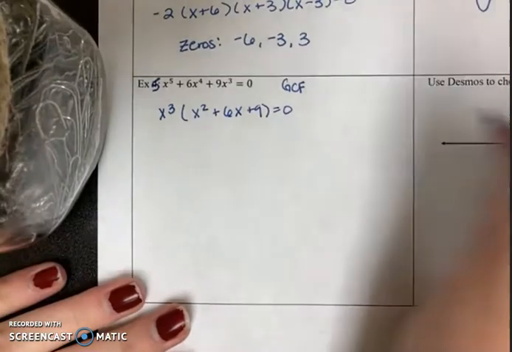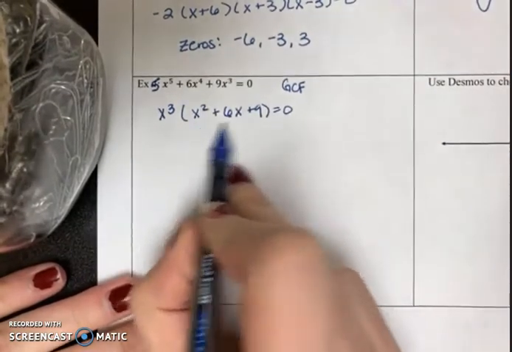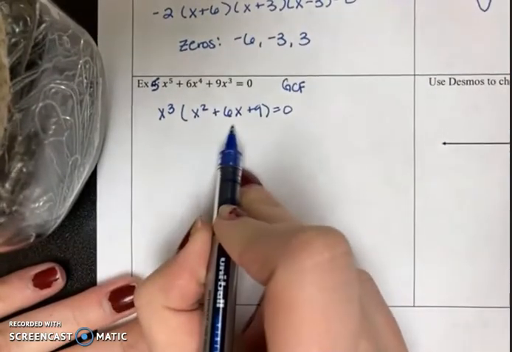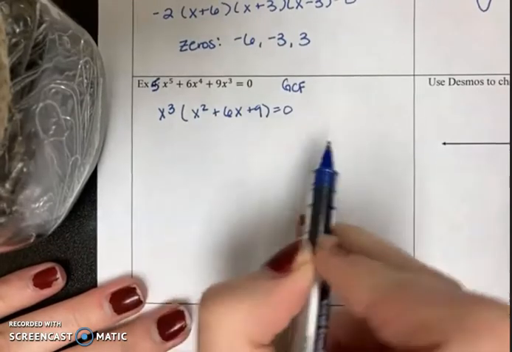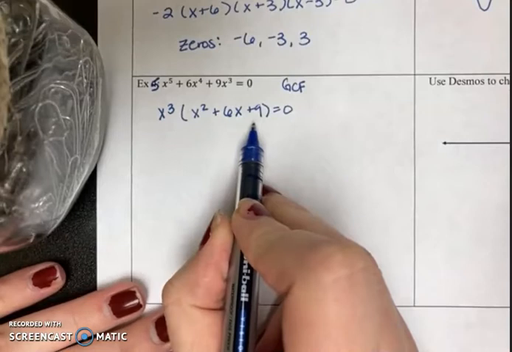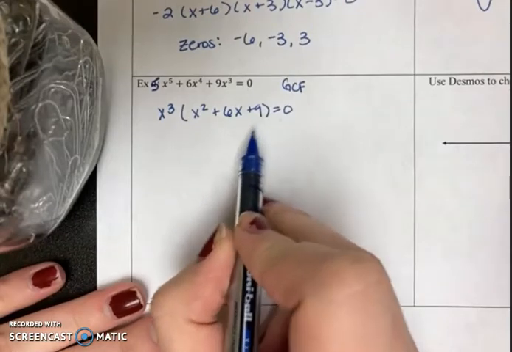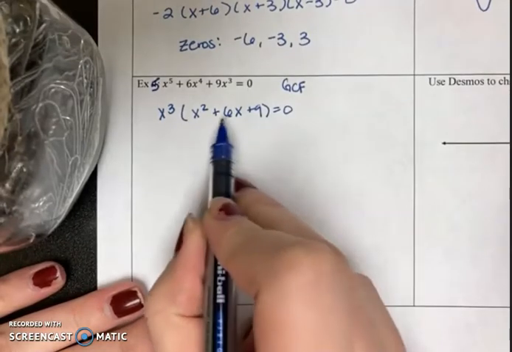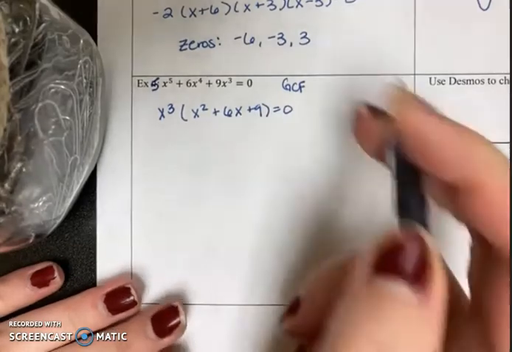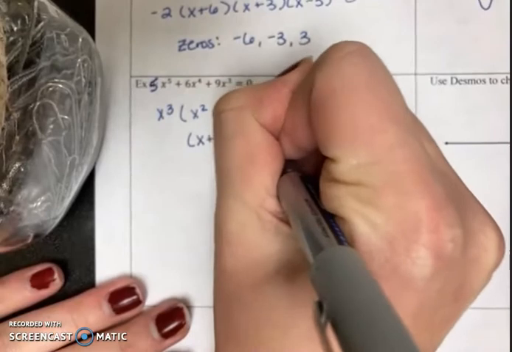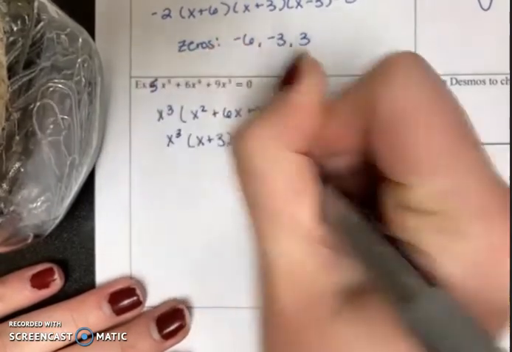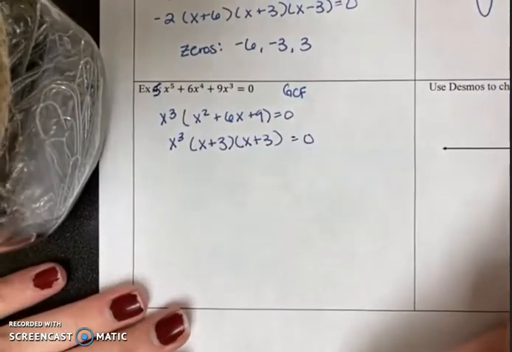Once we pull out that GCF, we now have a quadratic function that we should know how to factor. Because a is 1, I'm just going to use guess and check. The factors of 9 are 1 and 9, 3 and 3. But I want a positive 6, so I would have to use x plus 3 and x plus 3. We need to bring down that GCF, set it equal to 0.